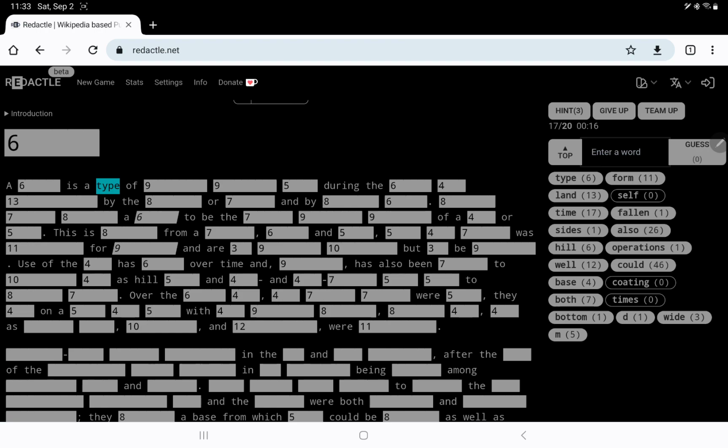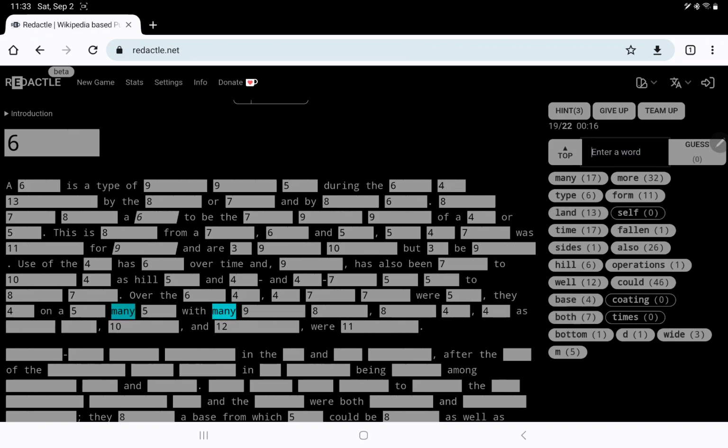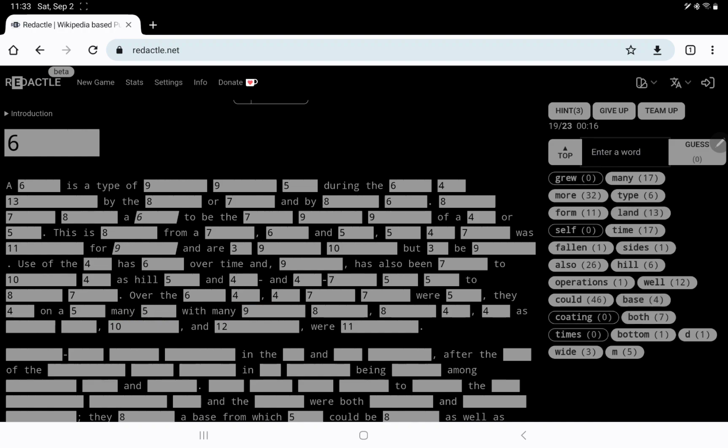Over the middle, over the something, 4-7, maybe more, many. Okay. They grew, they on a blank, many blank, many times.